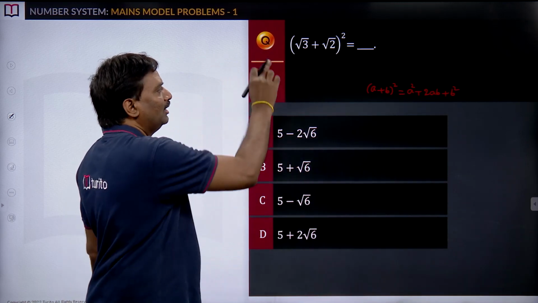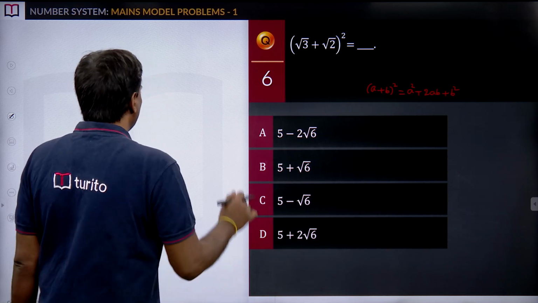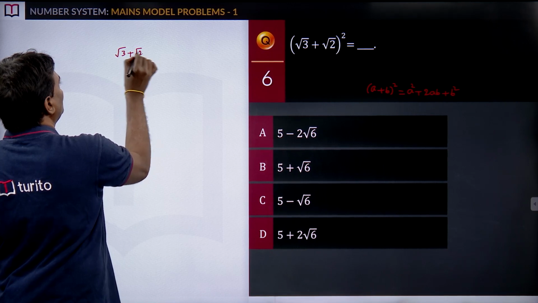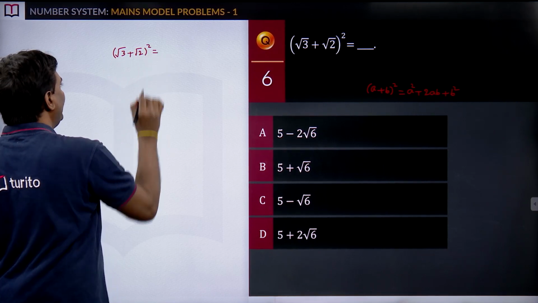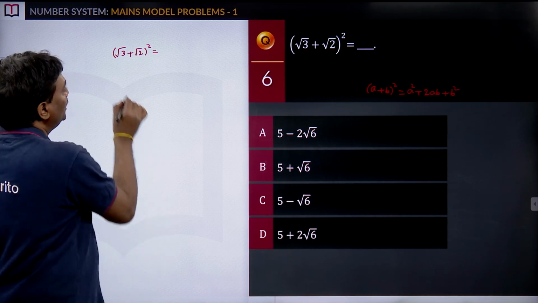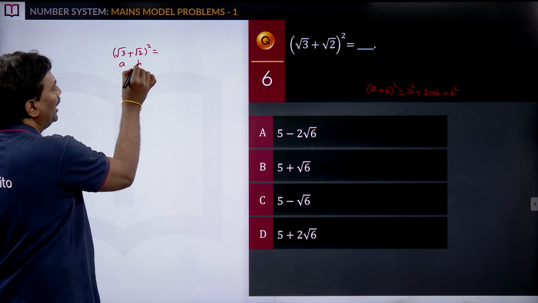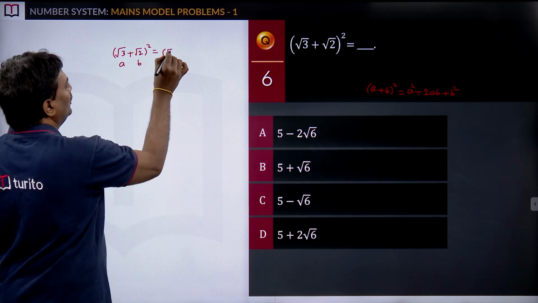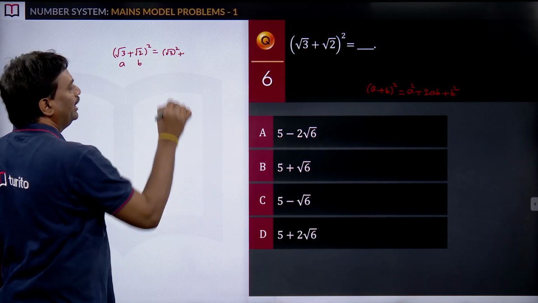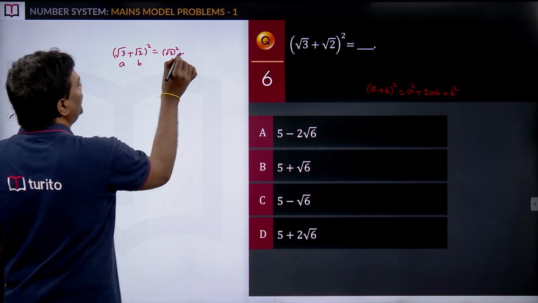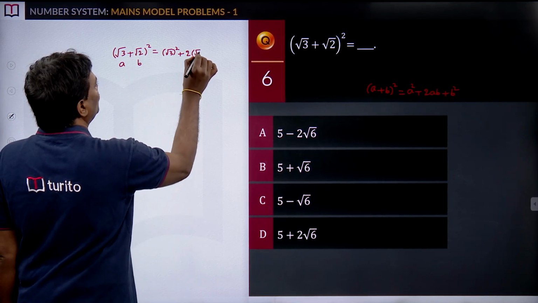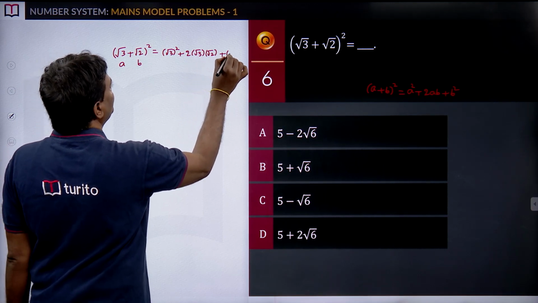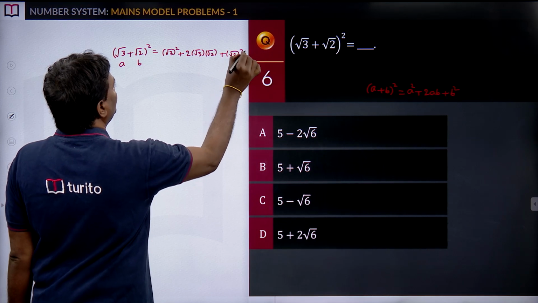So, by applying that identity for (root 3 plus root 2) whole square, suppose root 3 is a and root 2 is b. Then a square is root 3 whole square, plus 2ab, 2 into root 3 into root 2, plus b square, root 2 whole square.